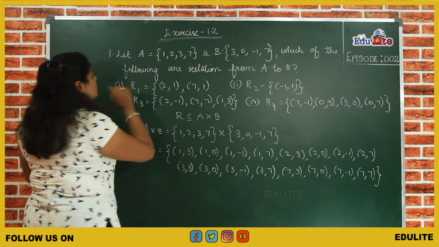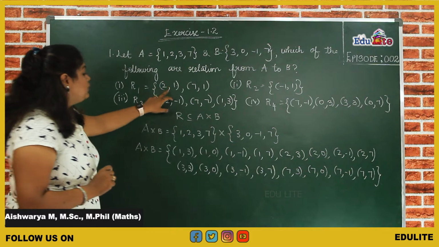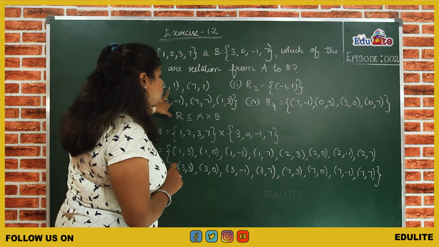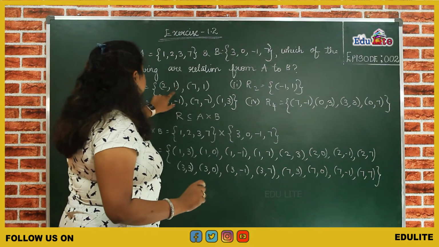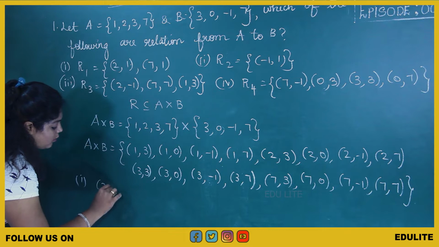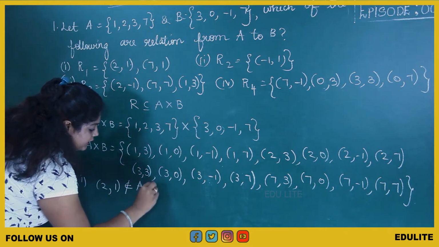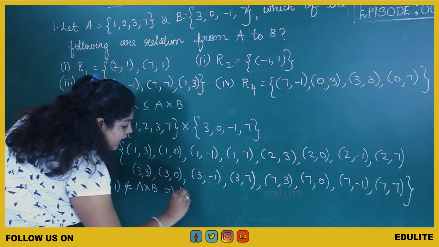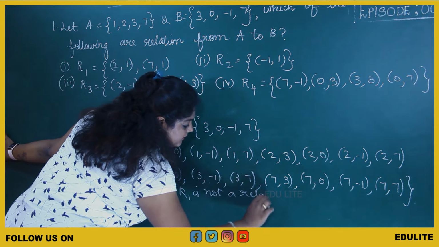First we will move on to R1. In R1 we have the ordered pair (2, 1). Is (2, 1) present in A cross B? No, it is not. So R1 is not a relation because (2, 1) is not in A cross B. Therefore R1 is not a relation.